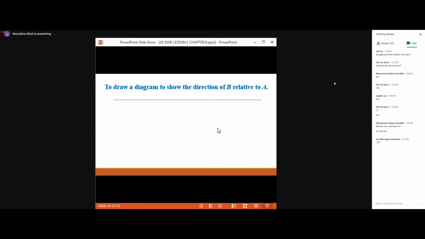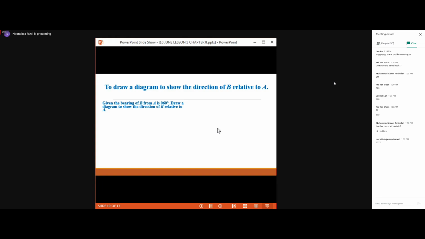So for this, it's in your textbook, okay? How do you draw your diagram, all right, to show direction of B relative to A? So the question here, given the bearing of B from A is 060 degree. So draw a diagram to show the direction of B relative to A. Okay. So this one, you need to use your protractor, all right, because you need to measure 60 degree.